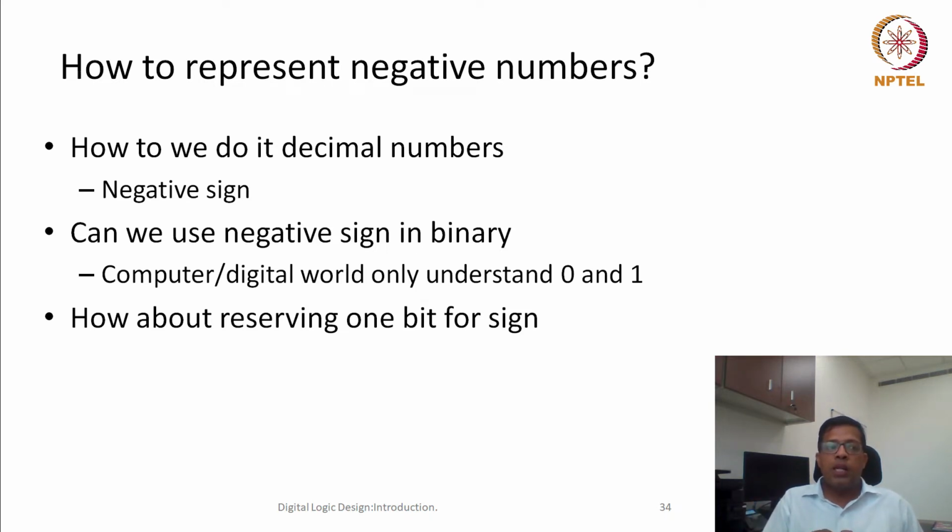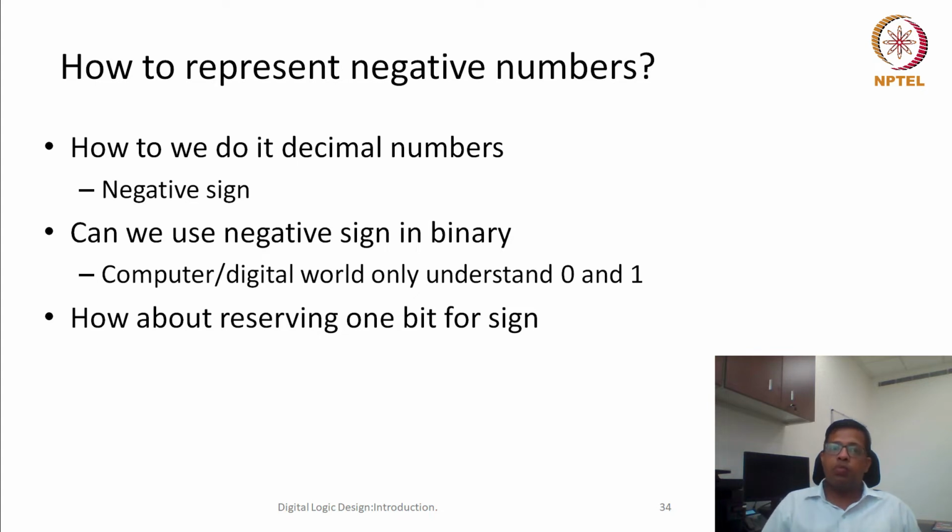So that means my negative number or that negative sign has to be represented in form of 0 or 1. So let us think of some strategies how we can represent a negative number using zeros and 1.